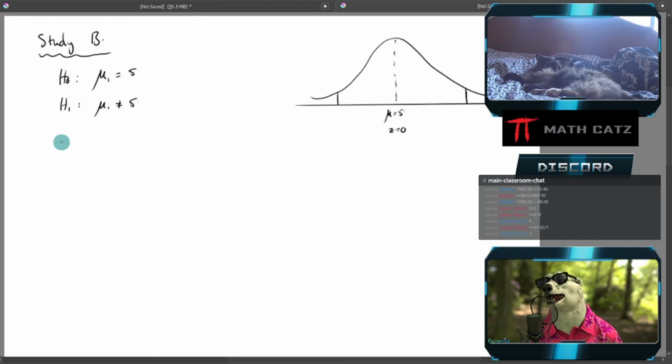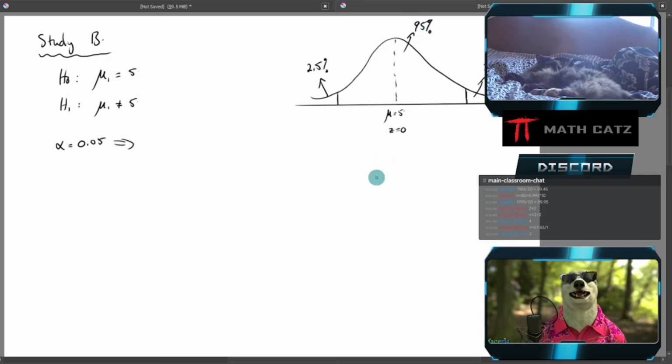And if we use an alpha of 5% again, which the question wants, that means we're going to have to split the 5% between the two tails, and each tail is only going to have 2.5%. We only want to make a mistake 5% of the time. That's what we decide is good enough, and then 95% in the middle.